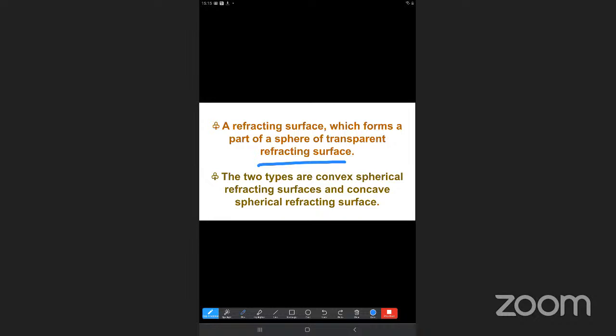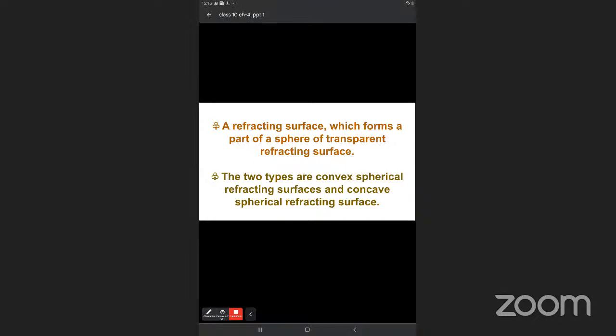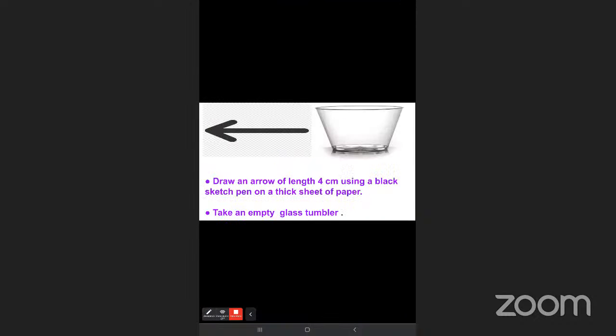We have two types of these surfaces here: convex spherical refracting surfaces and concave spherical refracting surfaces. Now, to understand more about this refraction, we have an activity here, that is refraction of light at curved surfaces.